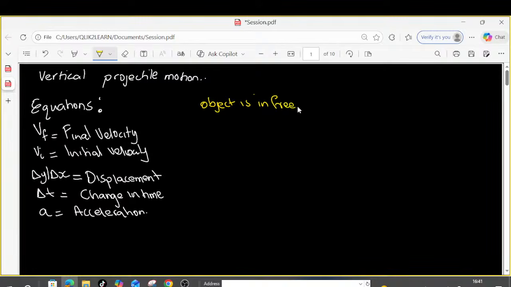Do you know what is free fall? No. Oh, okay. When we say an object is in free fall, there's only one force acting on the object, and that force, we call it the weight.